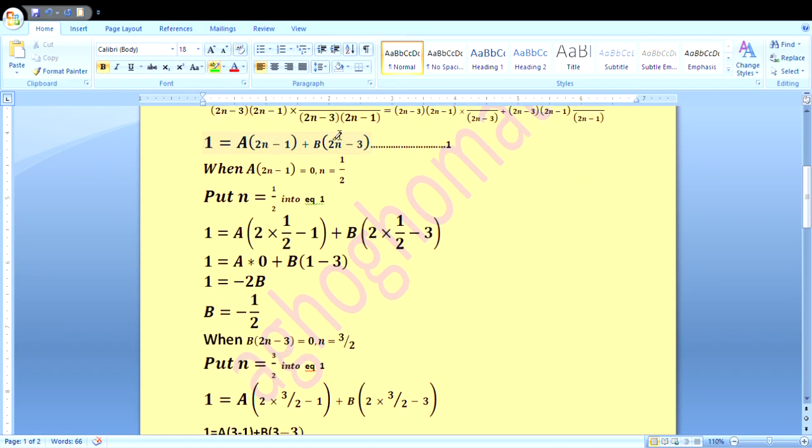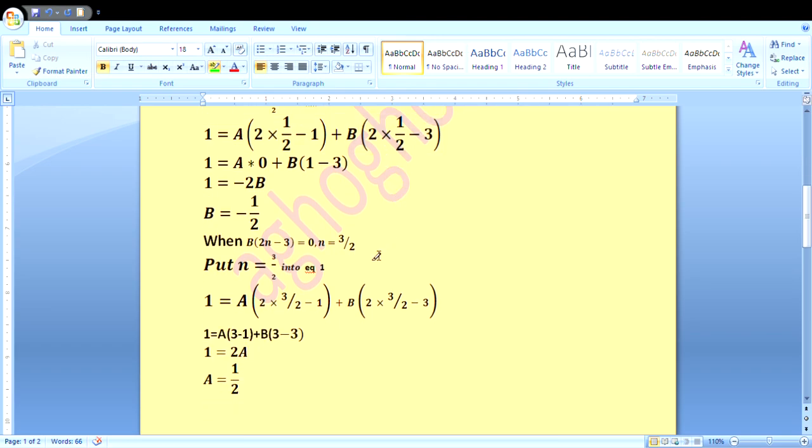I'll substitute it here so that it becomes 1 is equal to A (2 times, in place of n we substitute 3 over 2, minus 1) plus B (2 times, in place of n we substitute 3 over 2, minus 3).